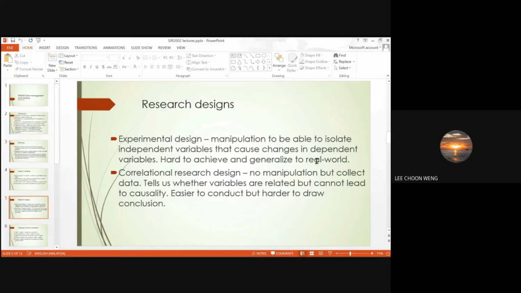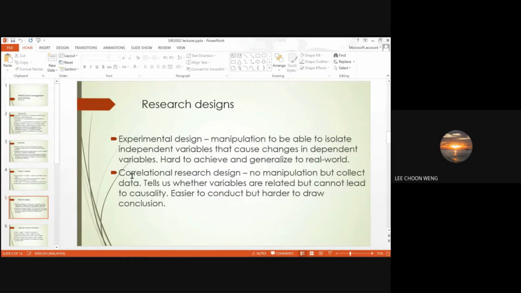So it's very hard to infer what you're getting to the population at large. This is what it means by the difficulty in doing inferential statistics in carrying out an experimental design where you can generalize to the real world.